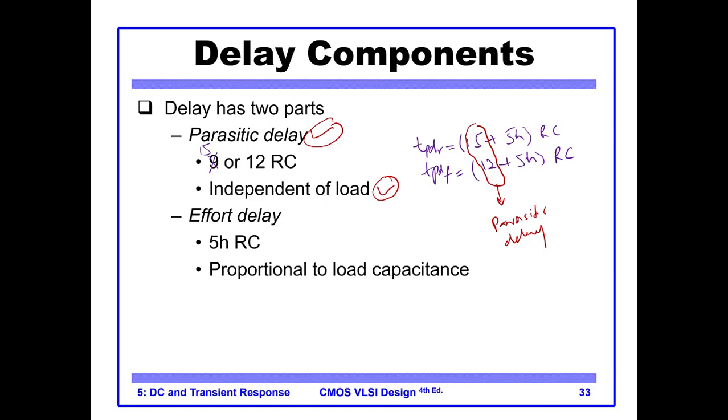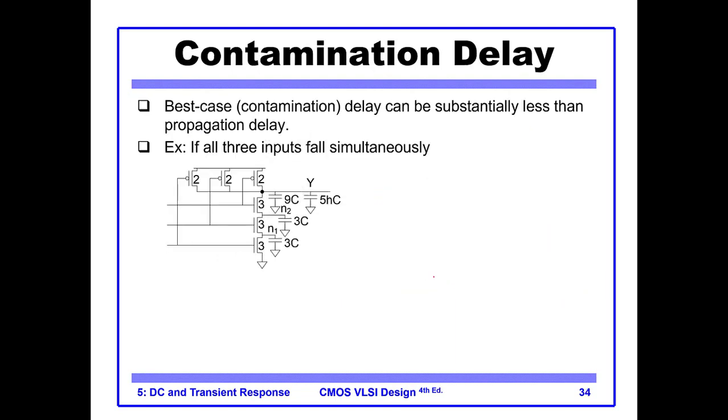And then we have the effort delay, and this is basically equal to the load capacitance, how many things you have connected to the load. So delay has these two main components.